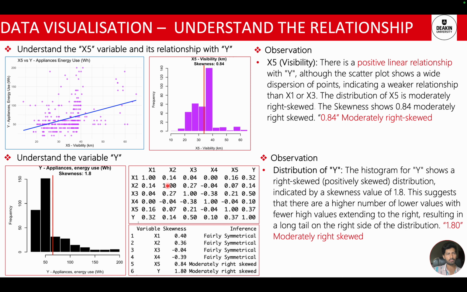So I think we need to do normalization for this data set. Likewise, our predictor y shows a right skew, a positive skewness distribution, and the skewness is 1.8. So I think we need to do further investigation on both data sets before building a model.